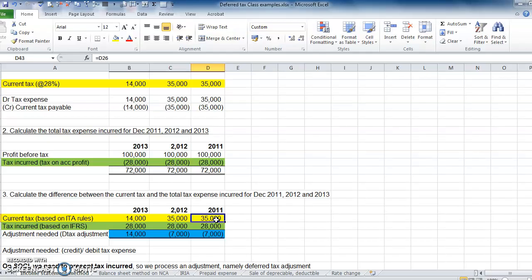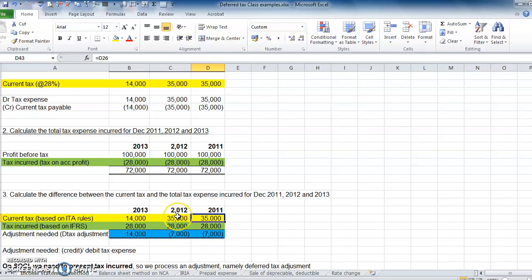So currently for 2011 and 2012, in our current tax account, we would have 35,000, right? However, we need to adjust our tax expense account to 28,000. So what do we need to do? We need to decrease our current tax from 35,000 to 28,000. How do we do that? We deduct 7,000, isn't it? We minus 7,000 to get the 35 to 28,000.